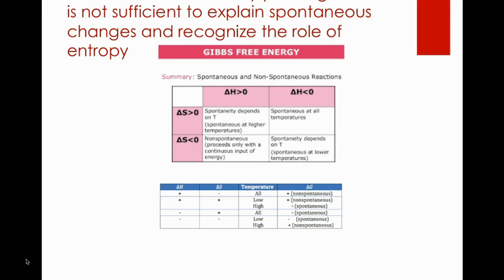If delta H and T delta S are equivalent, then the reaction is said to be in a state of equilibrium. Here are two ways of looking at and determining whether a reaction is spontaneous or non-spontaneous.